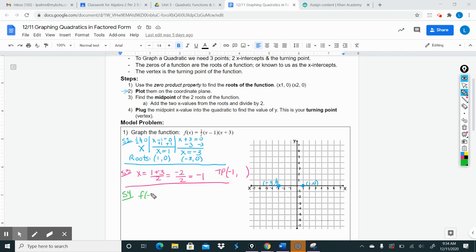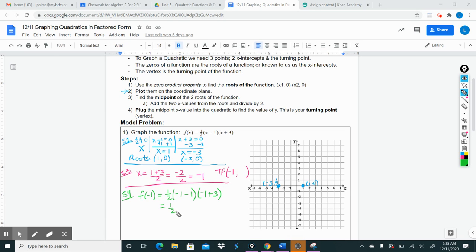So f of -1 is going to be 1/2 times -1 minus 1 times -1 plus 3. So wherever x is, we're going to plug in that -1, and then we go ahead and solve, because remember, we're finding our y value.